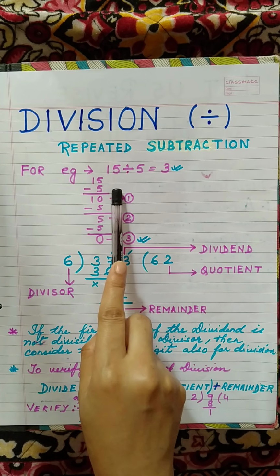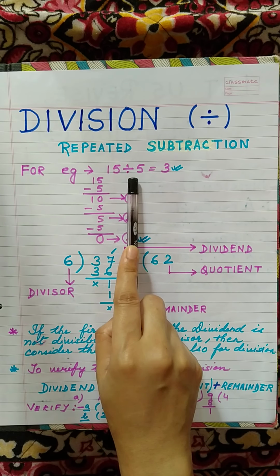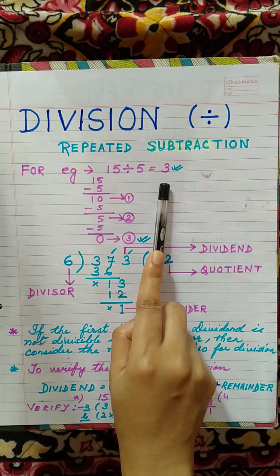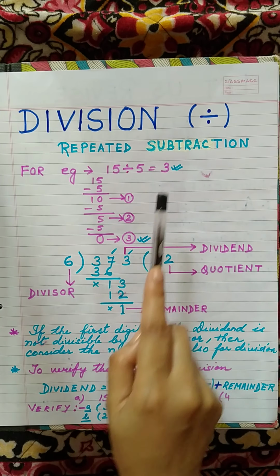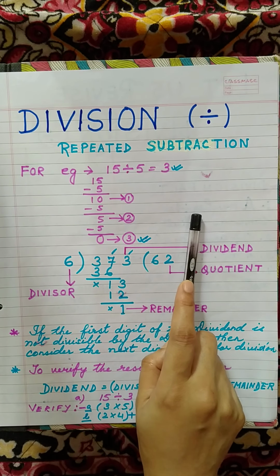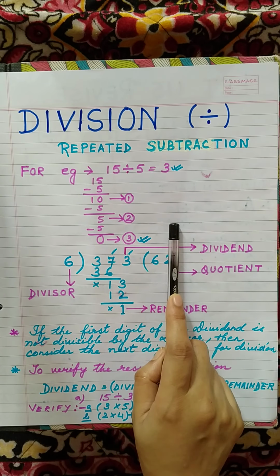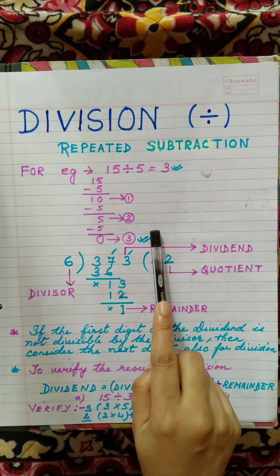Now here we have an example. We are dividing 15 by 5. We get 3 here. How does it happen with repeated subtraction? Since 15 is being divided by 5, we will keep subtracting 5 from 15 till we get 0.